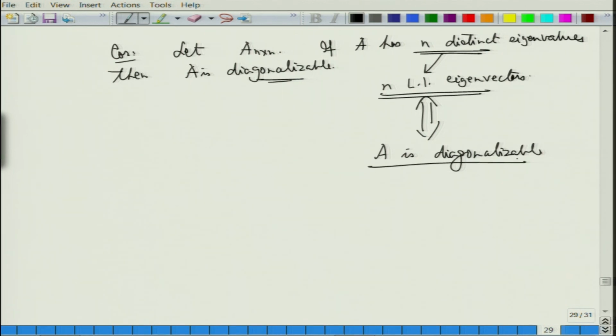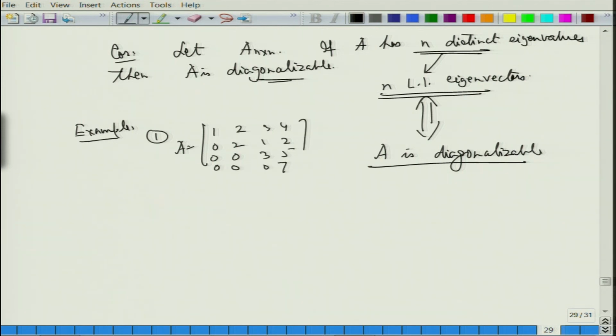Fine. So, as an example or as an application of this idea, look at this matrix A, which is 1 2 3 4, 0 2 1 2, 0 0 3 5, 0 0 0 7. All right. So, if I look at the eigenvalues of A, they are going to be 1, 2, 3 and 7, because this is an upper triangular matrix with diagonal entries 1, 2, 3, 7.